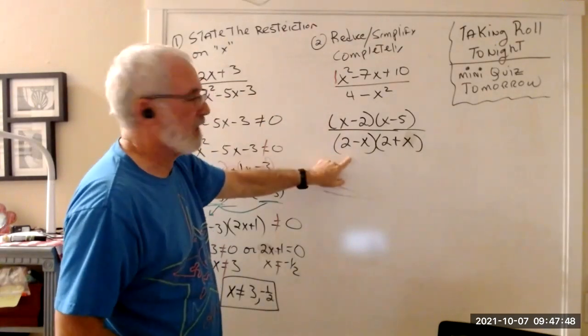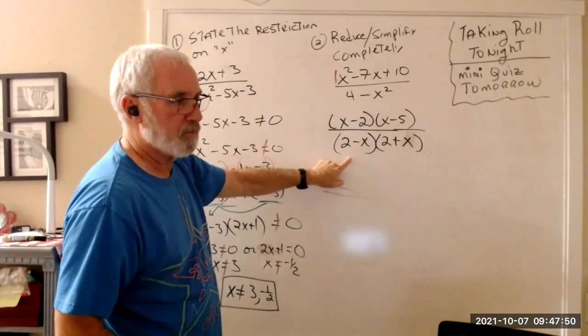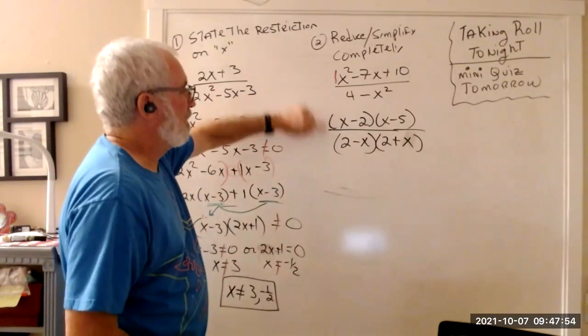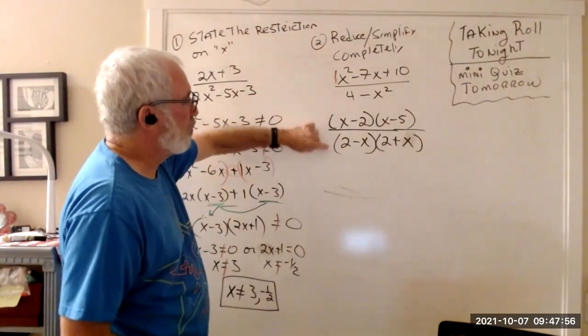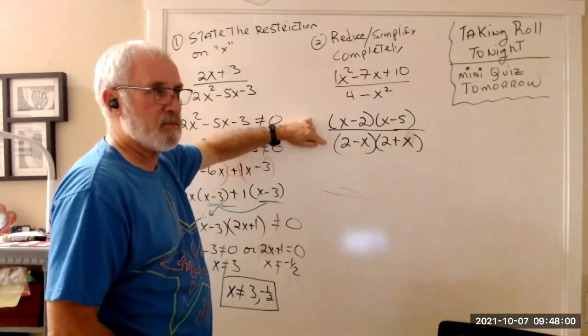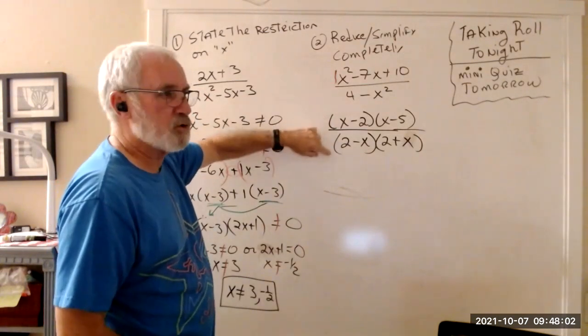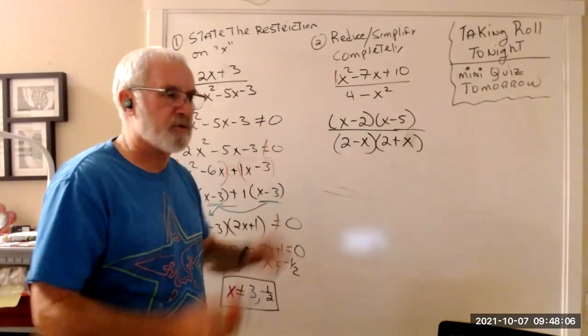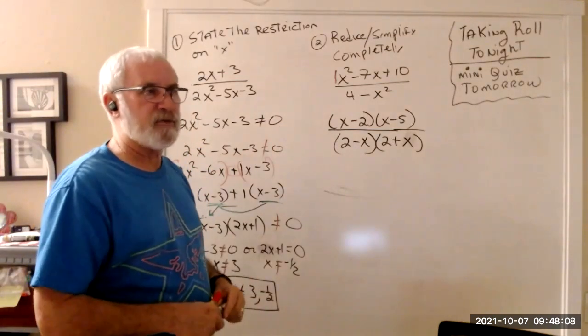It factors into that. Okay, then we start canceling. Now, these two factors are not the same. X minus 2, 2 minus x, they're not the same, but they're close enough that that's what I call that -1 trick.